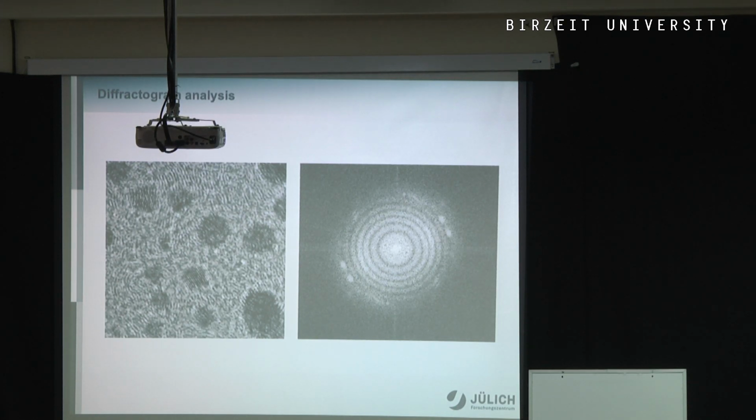And so the aim of this exercise was to try to understand how to interpret the positions of these rings to tell you under what conditions the microscope was being operated at the time, specifically to work out what the defocus of the imaging lens was and what the spherical aberration coefficient of the microscope was. And this is not possible from a diffraction pattern. It is possible from the Fourier transform of an image. They're different things.